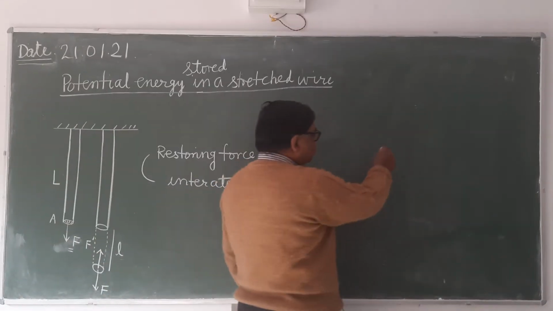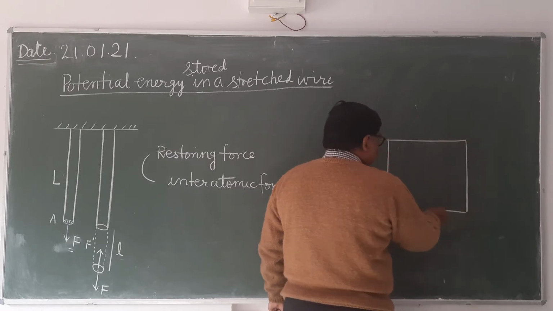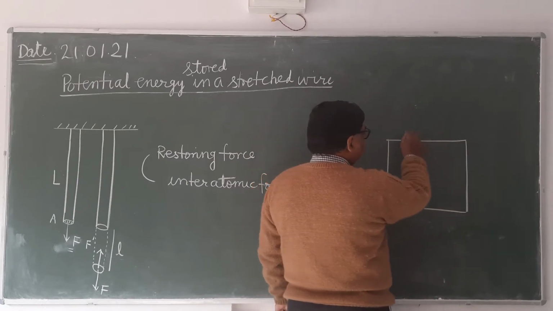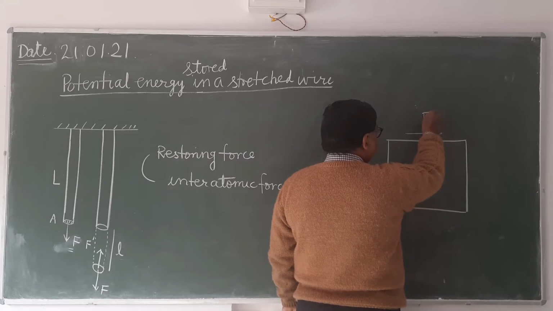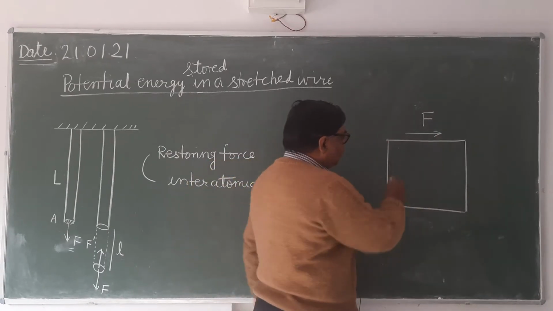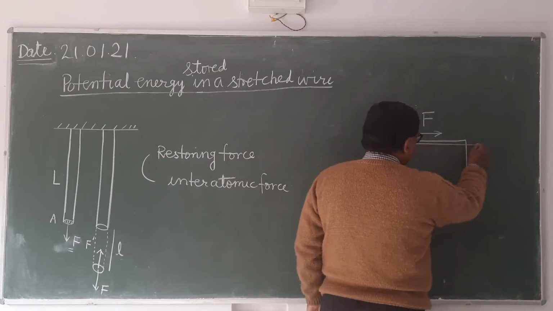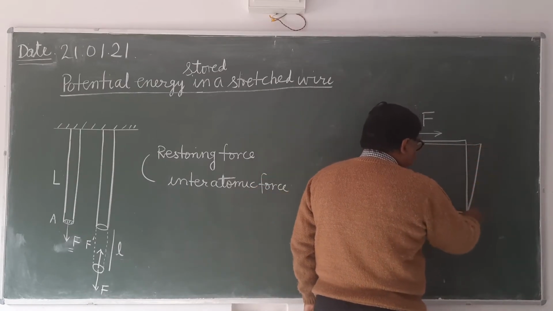But in shearing strain, you have seen that restoring force is tangential to the cross section. This is the external force. What will happen? These faces will get tilted, and its shape will become a parallelogram.